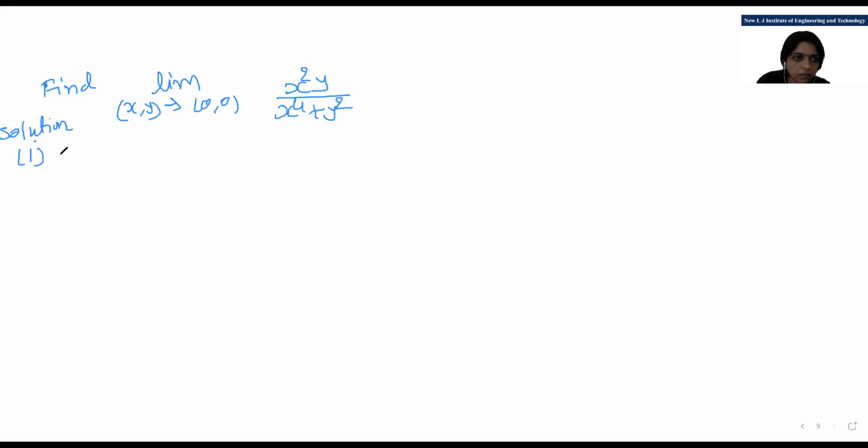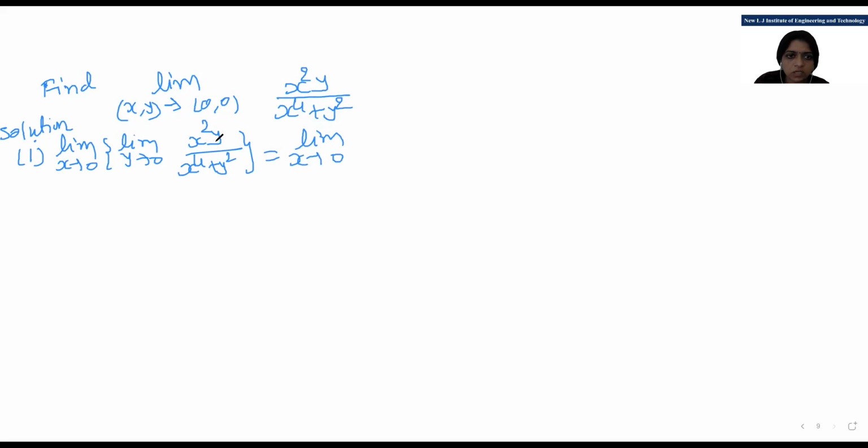At our first path, limit x tends to 0, limit y tends to 0 of x square y upon x raised to 4 plus y square. Here y is 0, so 0 upon x raised to 4, because x raised to 4 plus 0 is just x raised to 4, and 0 upon anything is 0. So limit x tends to 0 is 0.